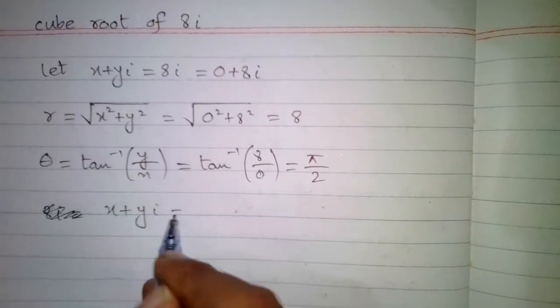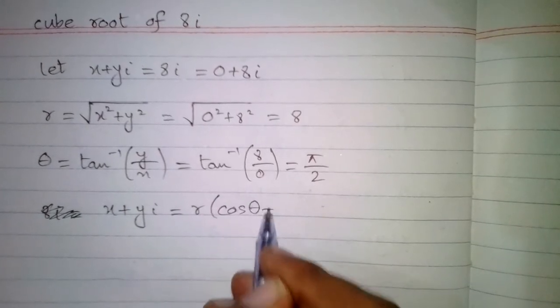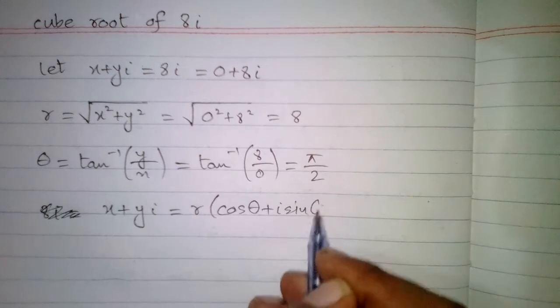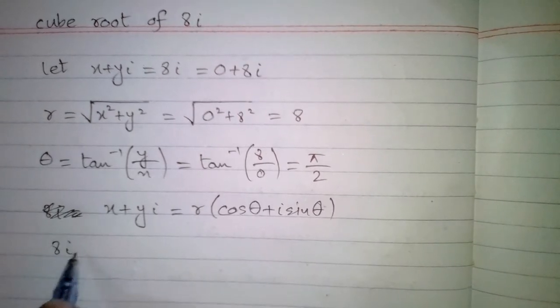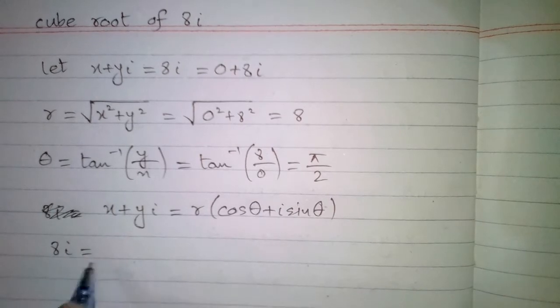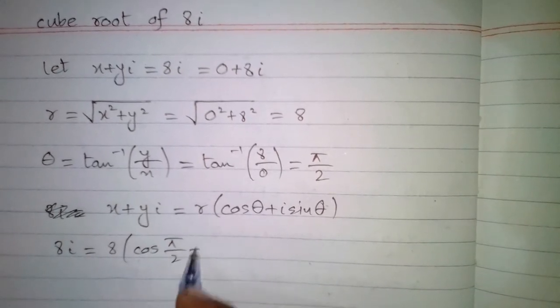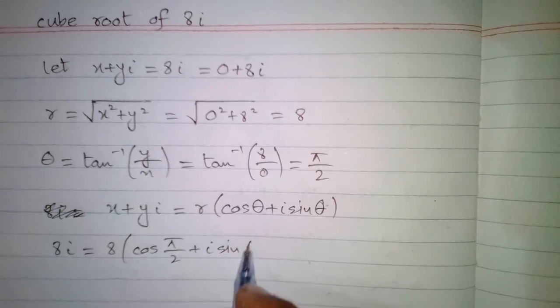Any complex number x plus y iota can be expressed in polar form as r cos theta plus iota sin theta. So the complex number 8 iota can be expressed as 8 times cos pi by 2 plus iota sin pi by 2.